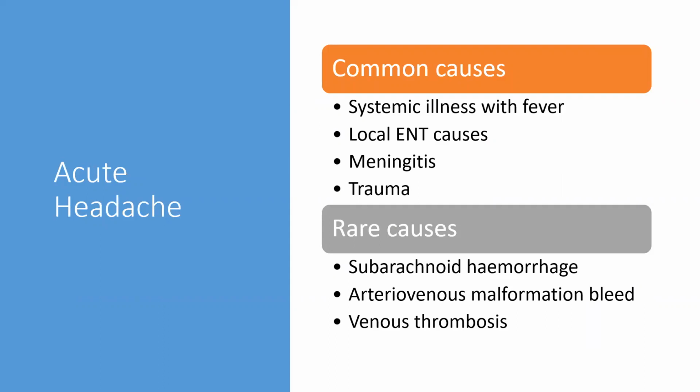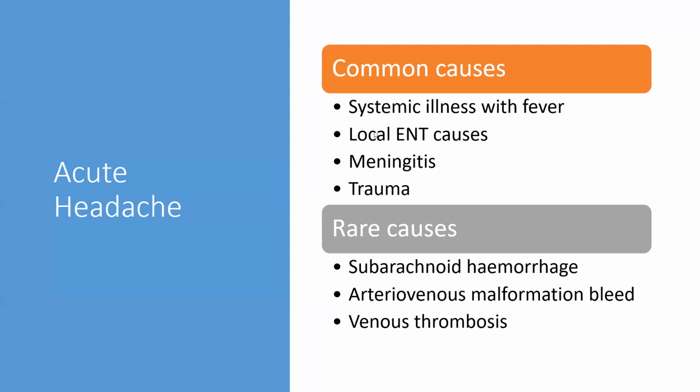There are some rare causes of acute headache like subarachnoid hemorrhage or arteriovenous malformation bleeds and then venous sinus thrombosis, but they are thankfully very rare. Sinus venous thrombosis can be associated with localized head and neck infection, so worry especially with meningitis and things. These two are very, very rare.